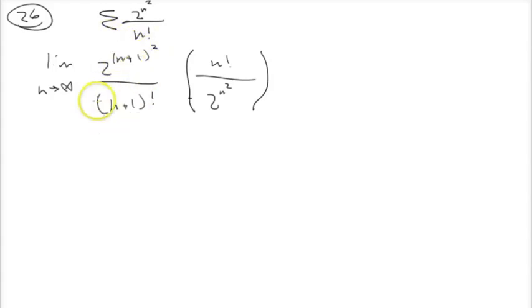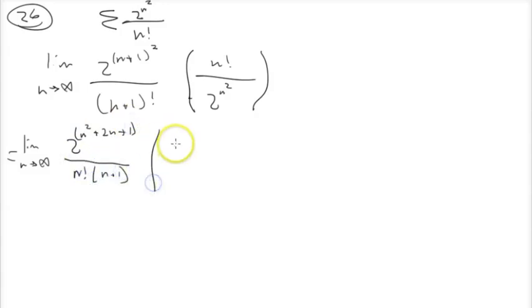So now we're going to expand out this exponent and this factorial right here. So we're going to get the limit as n approaches infinity of 2 to the n squared plus 2n plus 1 over n factorial times (n plus 1), and then all that times n factorial times 2 to the n squared.